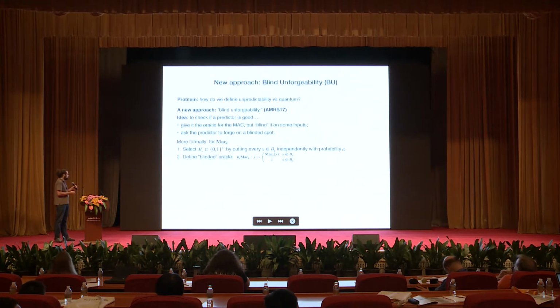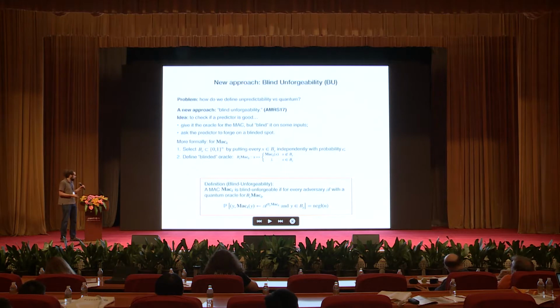So more formally, we select a subset of the input strings by independently putting each input into it with probability epsilon, and then we define this modified oracle here that answers with this bottom symbol on all blinded inputs, and otherwise it answers correctly with the MAC value.